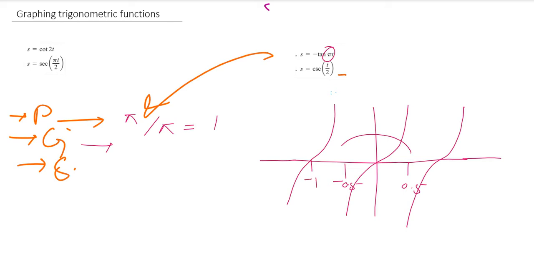Over here there will be -1, over here this will be +1. Again we need to make this distance equal to 1. Over here the -1.5 will lie. So you can see that this whole distance is equal to 1, and again this whole distance will be equal to 1.